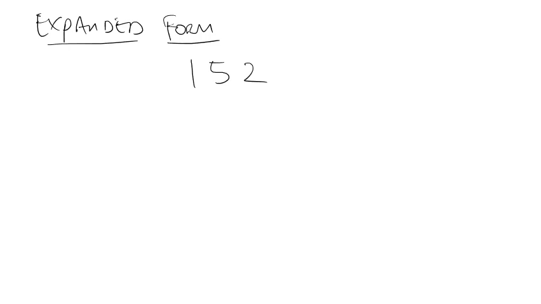That this is really 100, 50, and 2. That 1 is not just a 1, it is a 1 in the hundreds place, so it is 100. That 5 is in the tens place, so it represents 5 tens. And that 2 is in the ones place, so it represents 2 ones.